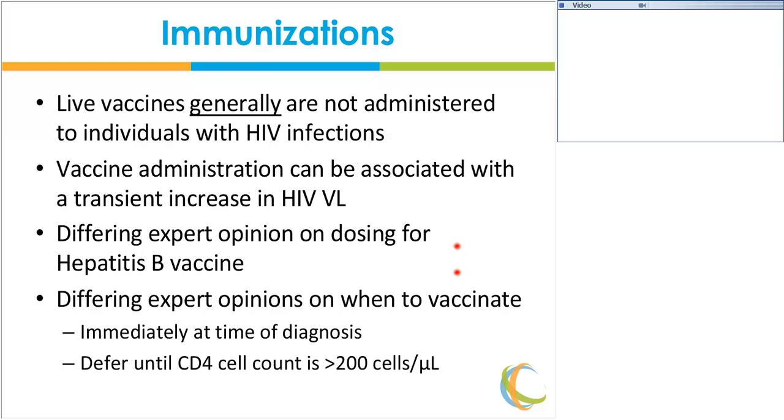I wanted to let you know that you're going to see some information out there, in different webinars and such, about the hepatitis B vaccine. There is some evidence to suggest that HIV patients need a double dose of the adult dosing amount for hepatitis B vaccine, and some people, even though it's not in the CDC recommendations, are doing that currently.